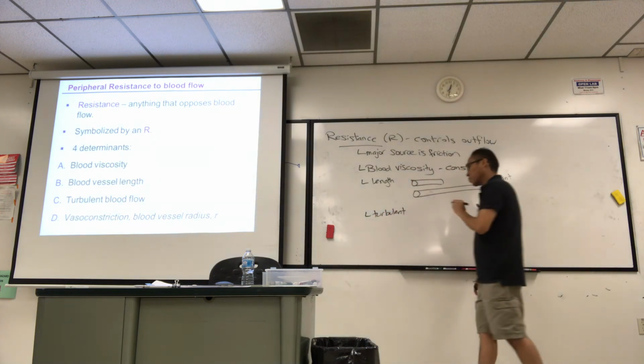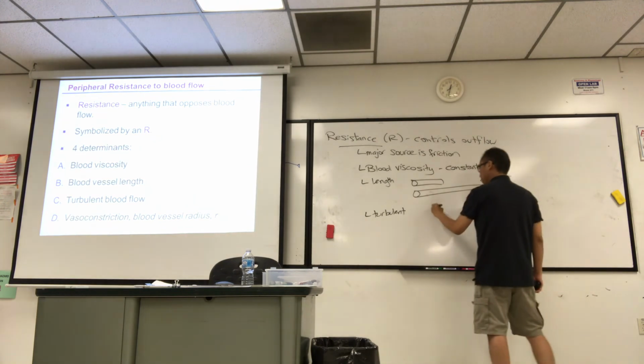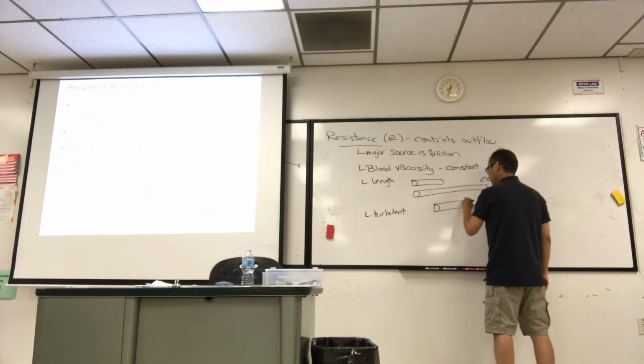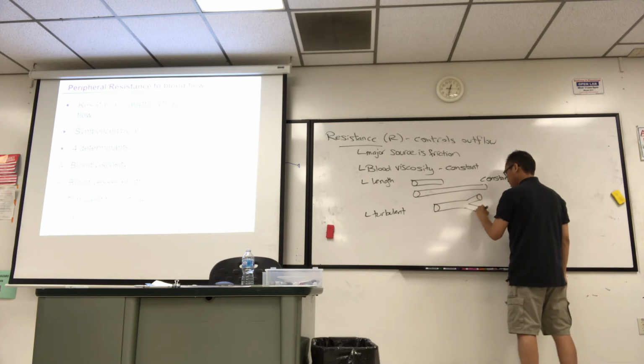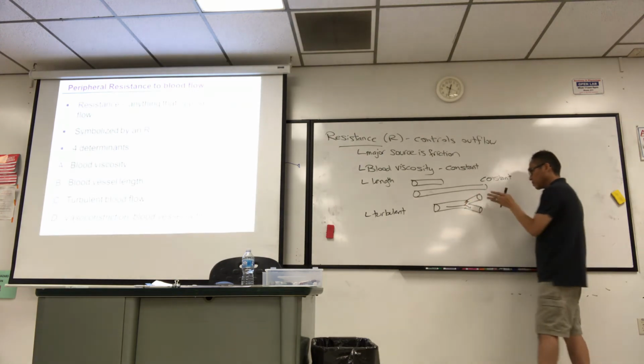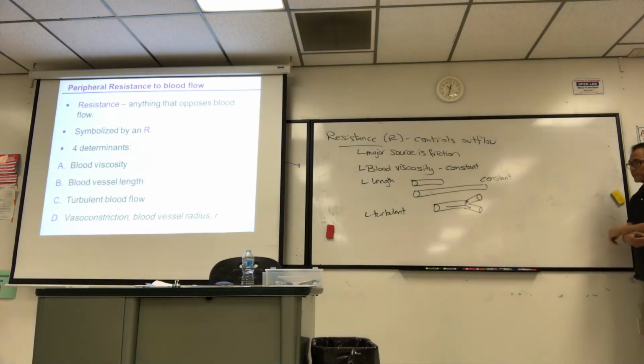Turbulent blood flow. Turbulence is a source of resistance, but it's mostly created when you have a fork in the road, when arteries bifurcate. That bifurcation creates what's called turbulence. The opposite of turbulence is laminar.